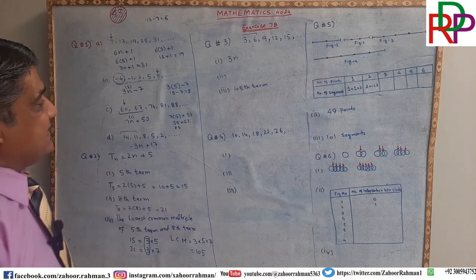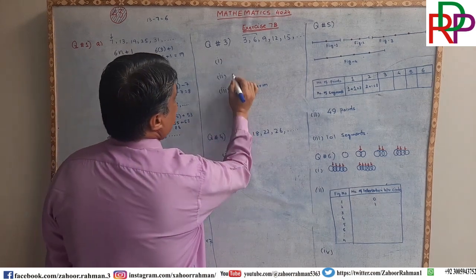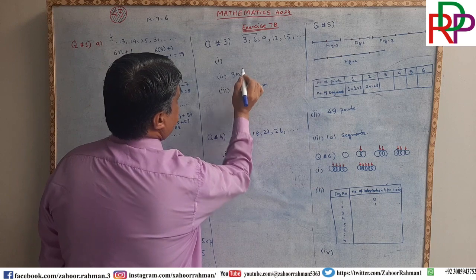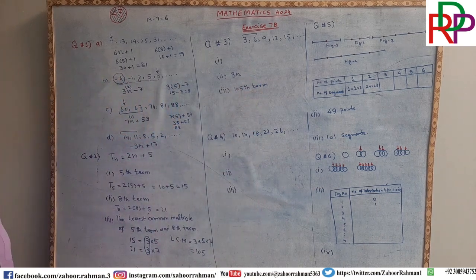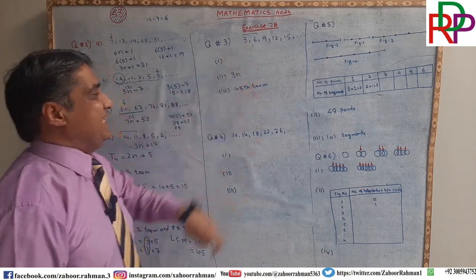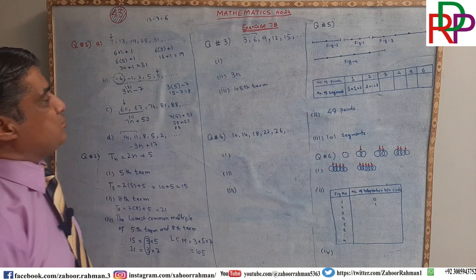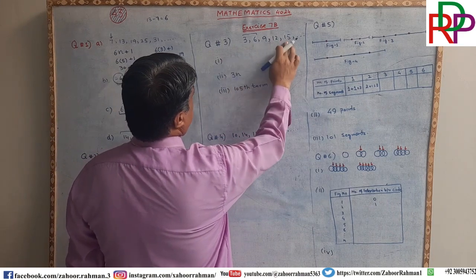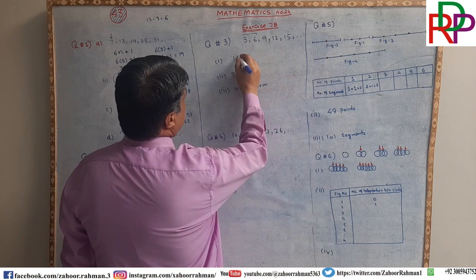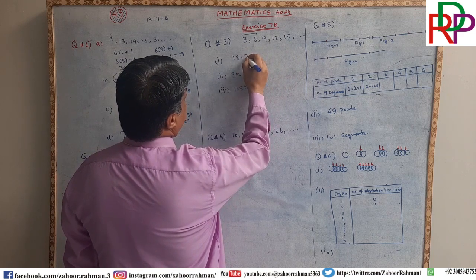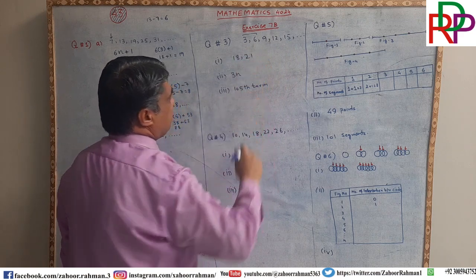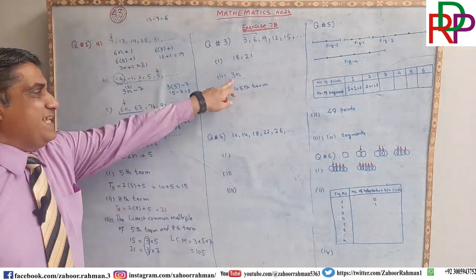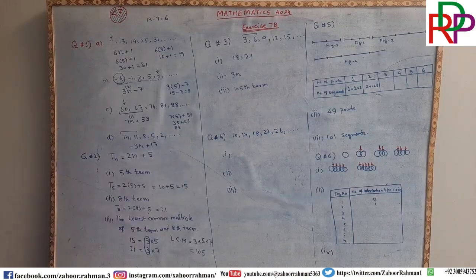In the first part they have given us the sequence and they are saying find the next two terms. 3 2s are 6, 3 3s are 9, 3 4s are 12, 3 5s are 15, 3 6s are 18, 3 7s are 21.